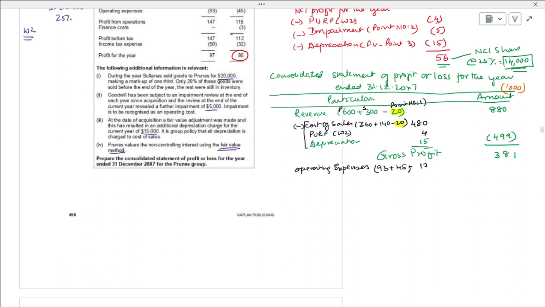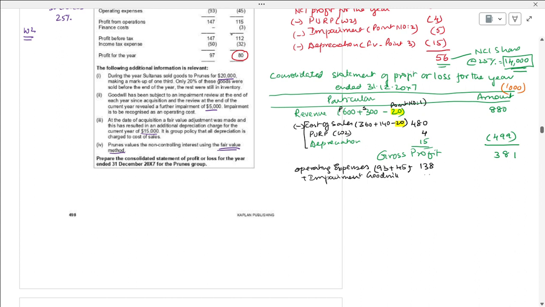In this we have to add impairment. How much is the impairment of goodwill? Impairment is 5.